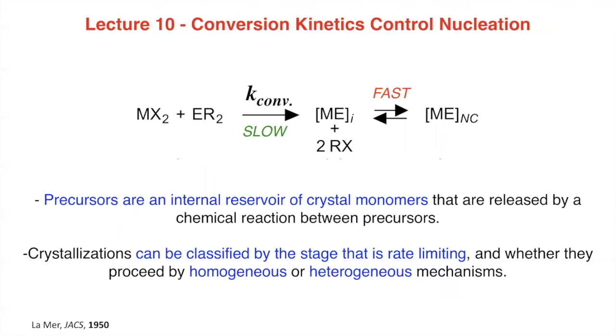So let's take a step back now, and with that kind of perspective on how nucleation happens and the barriers involved, let's take a look at one of these reactions again.